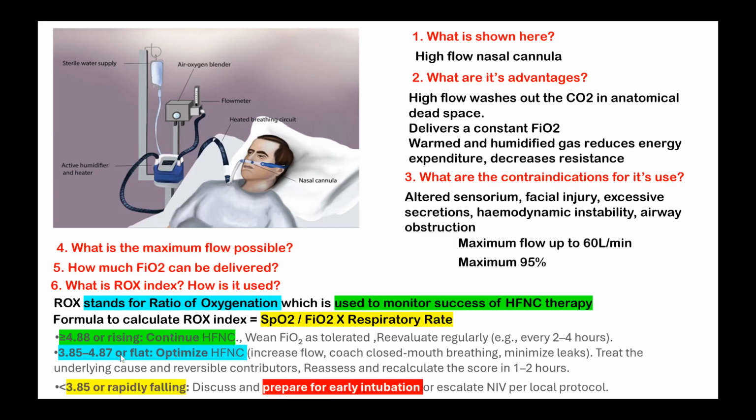And if it is less than 3.85 or rapidly falling, discuss and prepare for early intubation and escalate to NIV as per protocol. So these are the 3 guidelines for assessing the success of HFNC, and ROX stands for ratio of oxygenation.